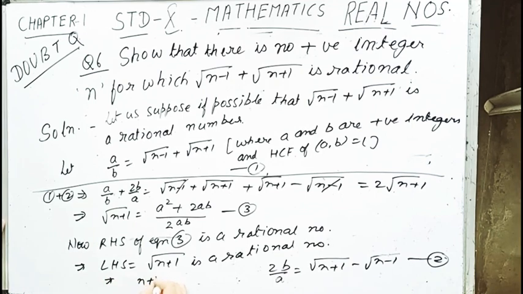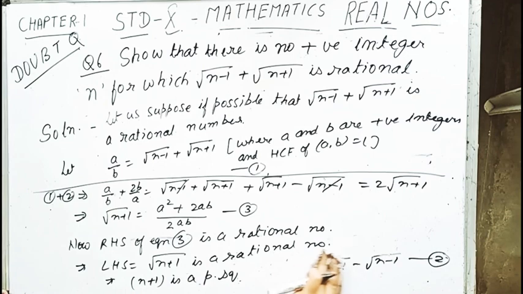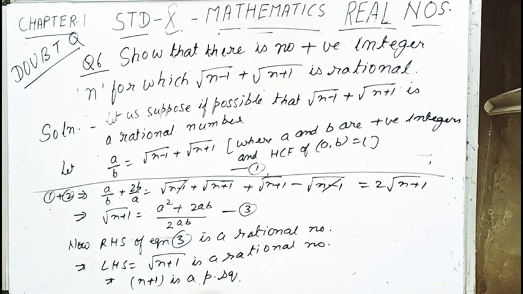This implies n+1 is a perfect square number.